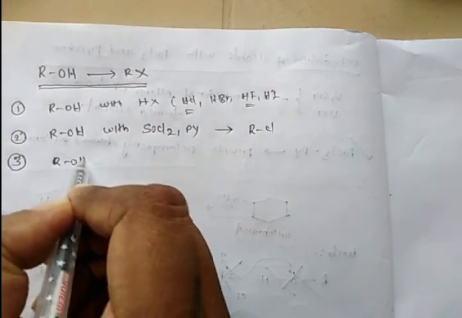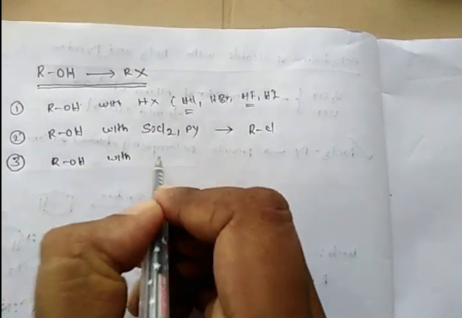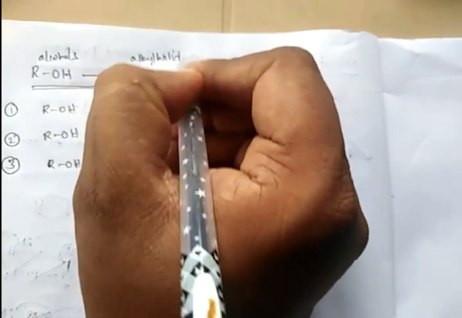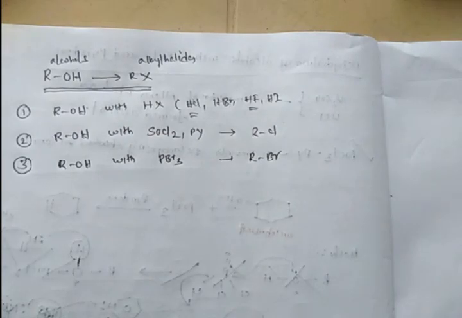The third possible conversion is when you treat these alcohols with PBr3, phosphorus tribromide, and we will get alkyl bromides. For the conversion of alcohols into alkyl halides, these three reactions are generally used.